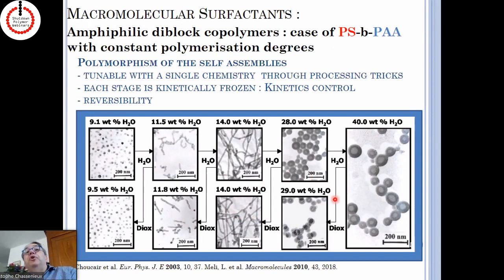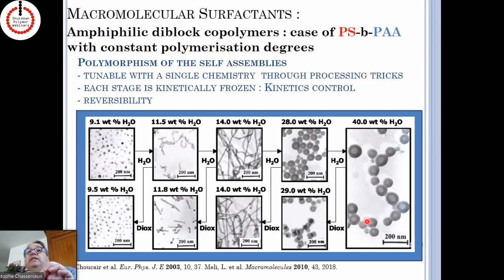And if I add more and more water, I have the tendency to obtain some vesicles. So you can see that here I fix the chemistry of my block copolymer, and I only play with the process that I use to disperse this polymer inside the solvent in order to achieve these different types of morphology.